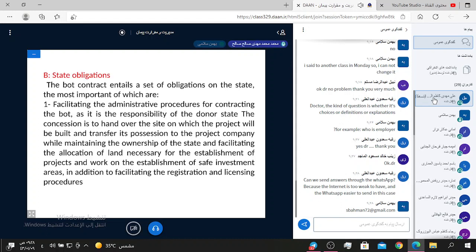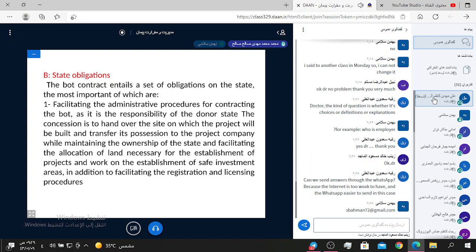The state's obligations. The BOT contract entails a set of obligations on the state, the most important of which are, number one, facilitating the administrative procedures for contracting, as it is the responsibility of the donor state.